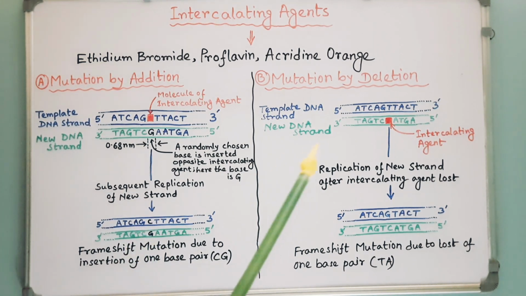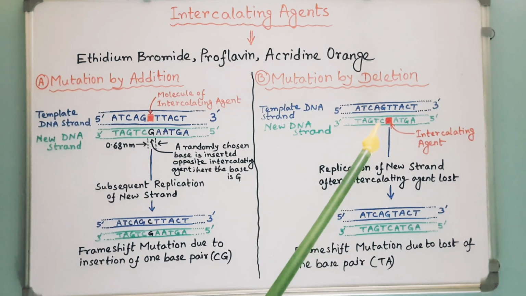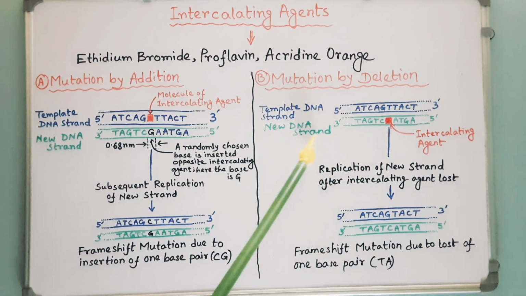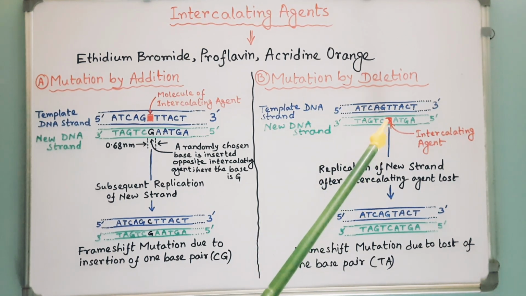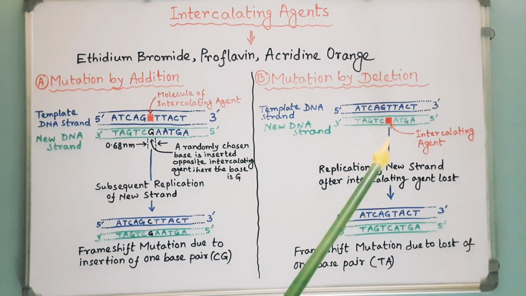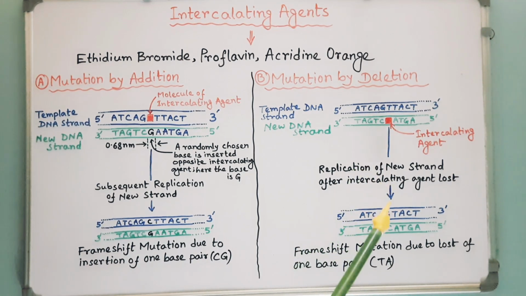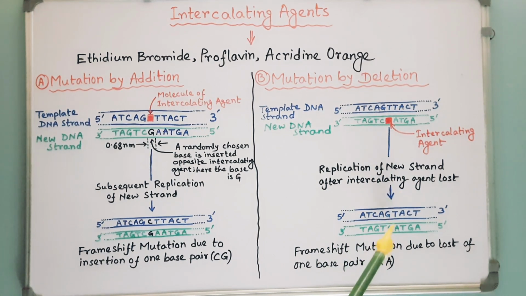If the intercalating agent inserts itself into the new DNA strand in place of a base, then when that DNA double helix replicates after the intercalating agent is lost, the result is a base pair deletion mutation. Here TA is lost.